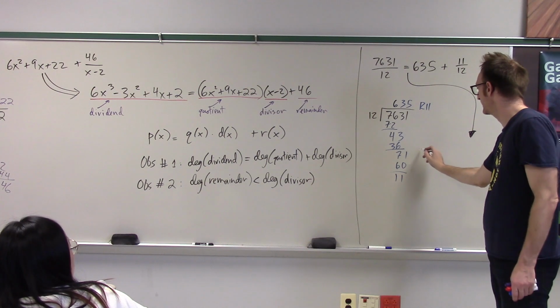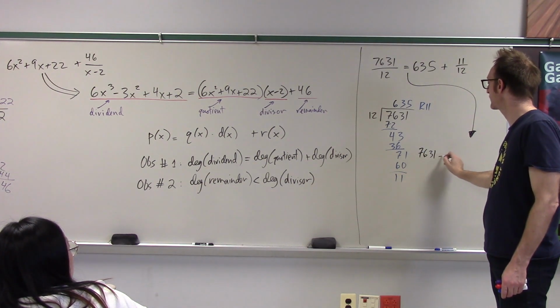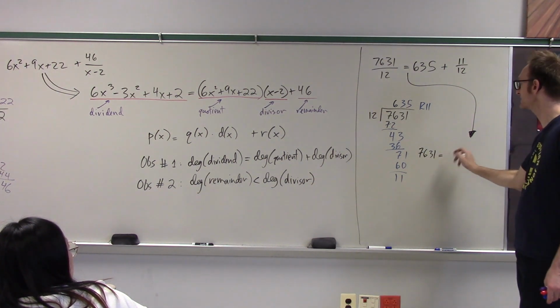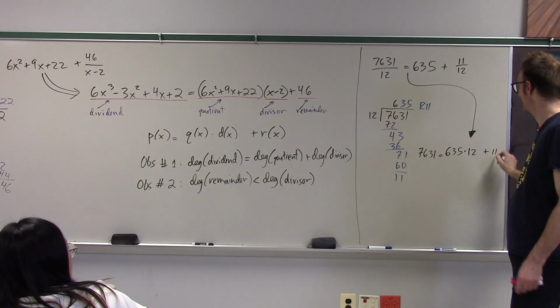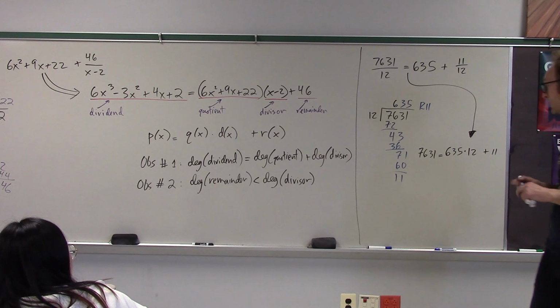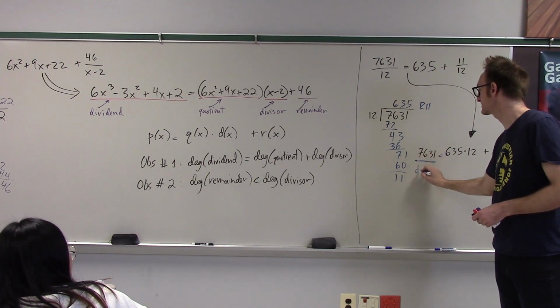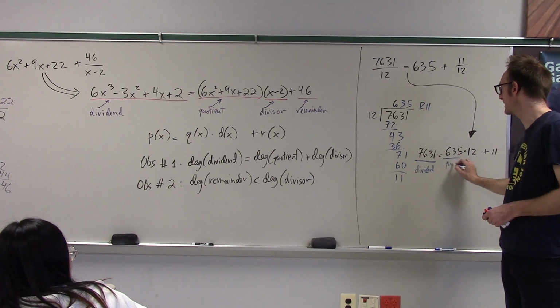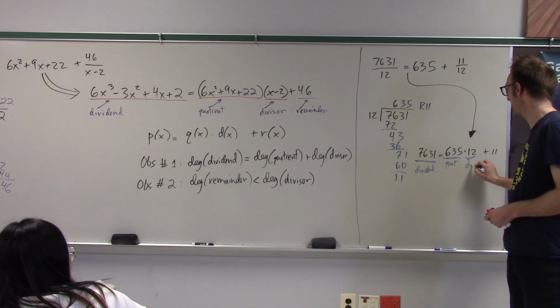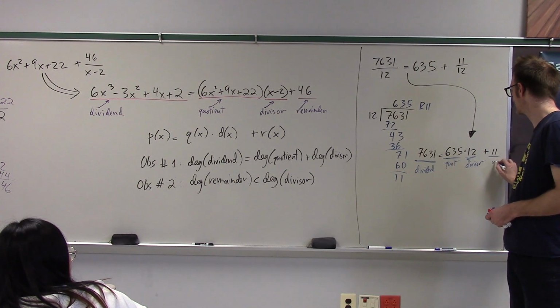Really what's going on here is that 7631 can be expressed as 635 times 12 plus 11. And once again, this is the dividend, this is the quotient, this is the divisor, and this is the remainder.